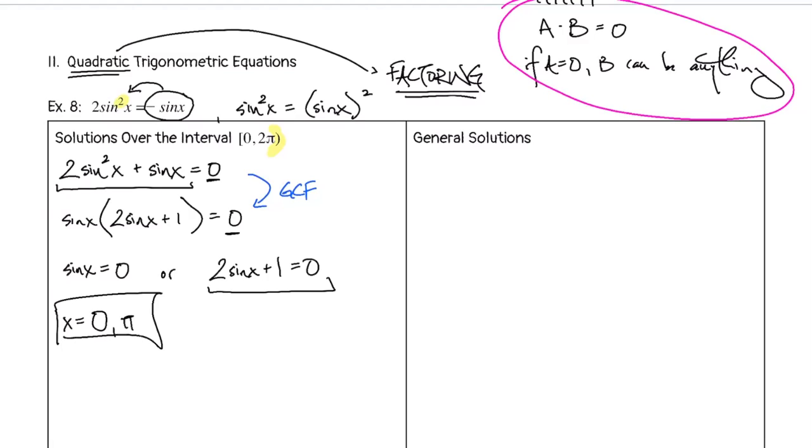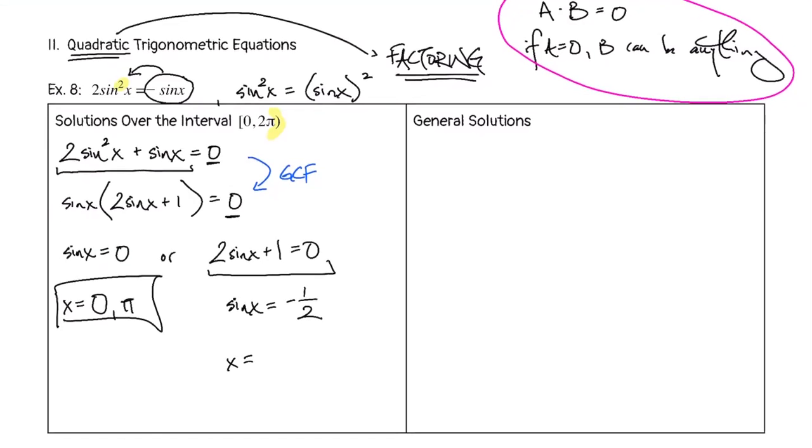Minus 1 divided by 2, sine x equals -1/2. All right, I bet you can give me these answers too. How do we find the angles that have a y value of -1/2? Where are those angles? 11 pi over 6, I love it.